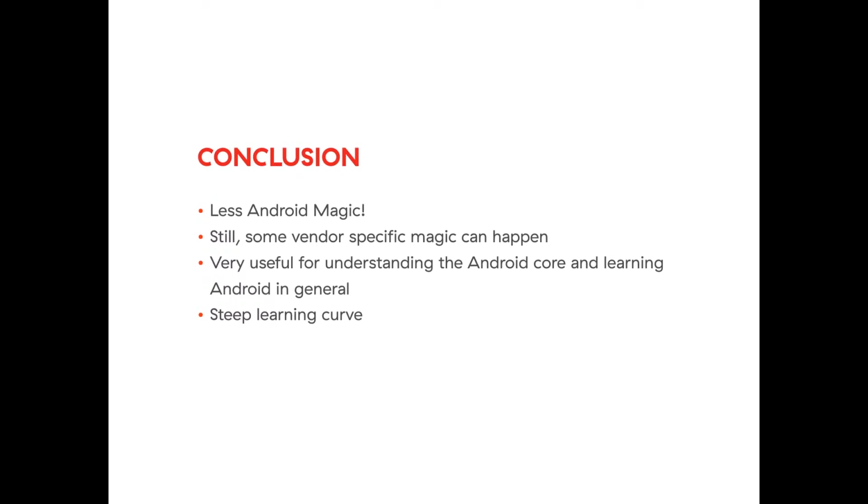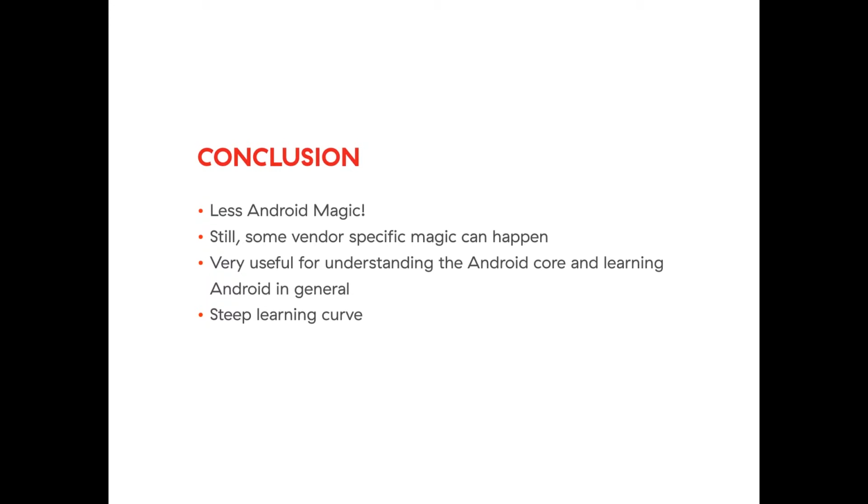So to sum it all up, this was just a quick introduction to navigating Android source code. You don't have to Google all of your answers. You can use this tool to dig through Android source code and learn a bit more about how stuff works internally. But keep in mind that this is just the Android Open Source Project.